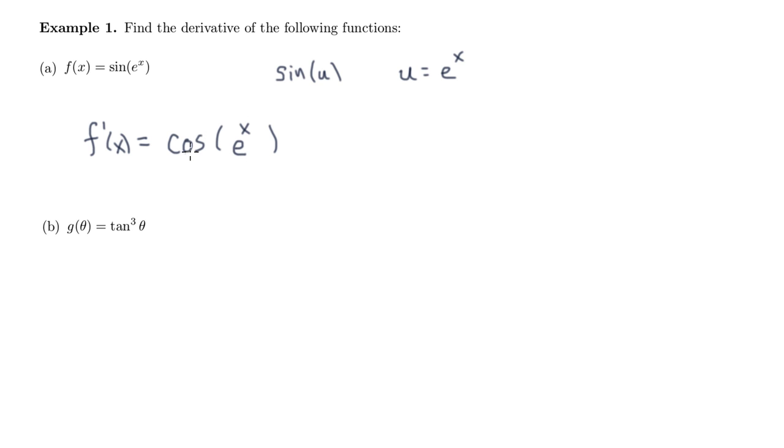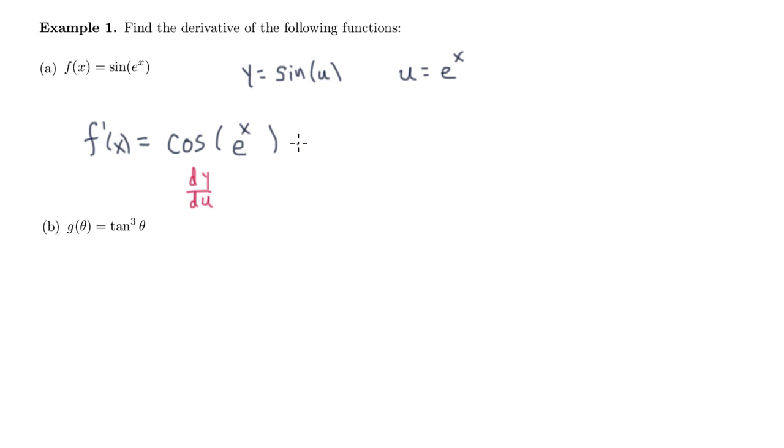So this is really like, if I write this as a composition, so if y is sine u, then what we're saying here is this is dy du.